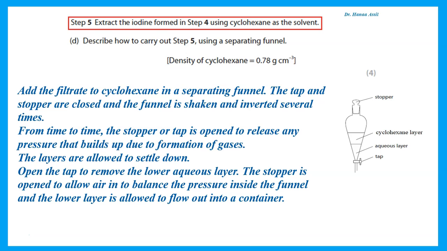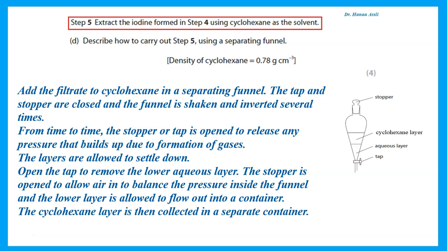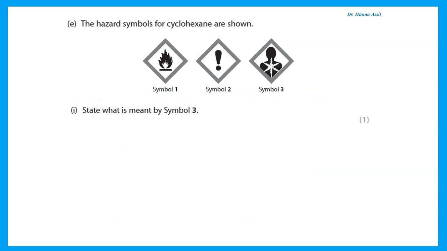So the stopper is open to allow air in to balance the pressure inside the funnel, and the lower layer is allowed to flow out into a container, and then the cyclohexane layer is collected in a separate container. Please remember that this is how we use a separating funnel.